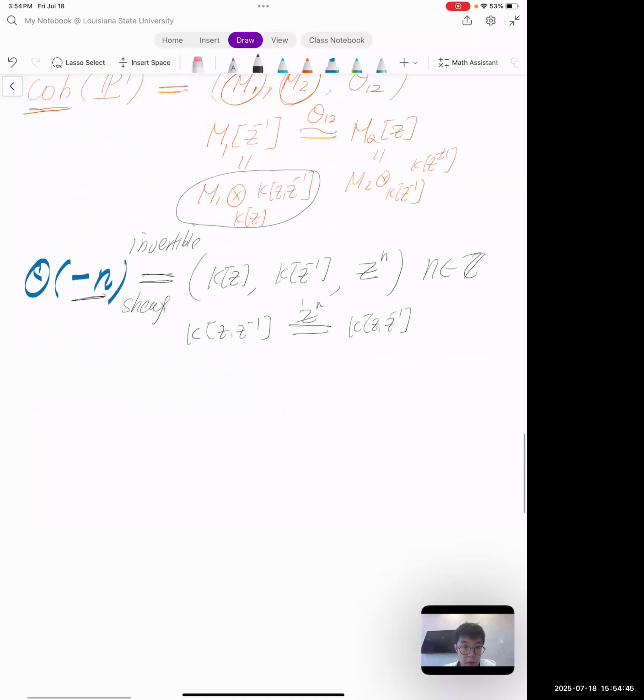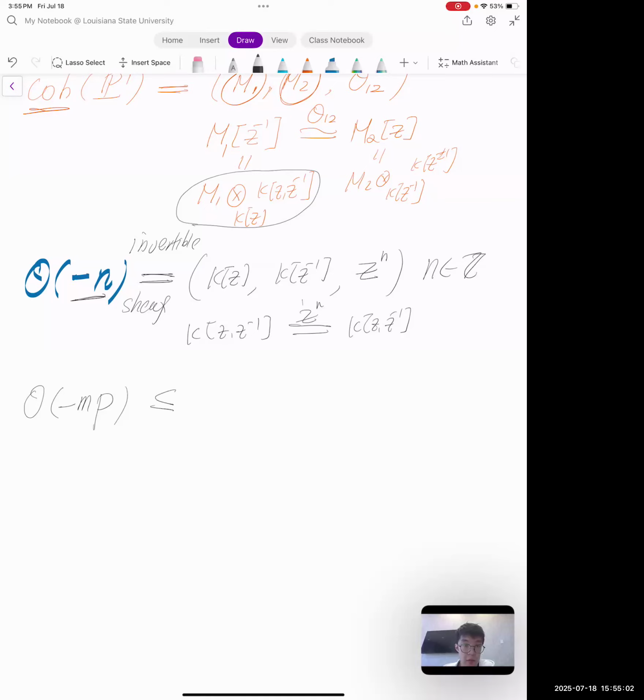Okay, that's one thing. And also you can do the so-called line bundle associated to a Weil divisor. Actually, take a point in P1, and you can define O(minus nP).